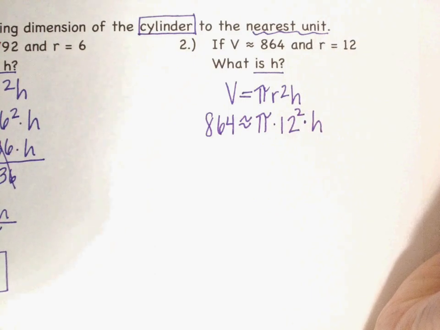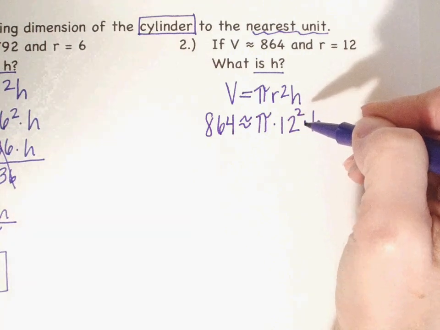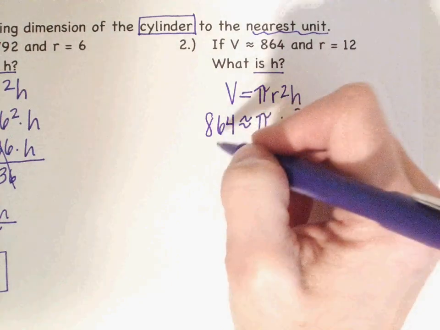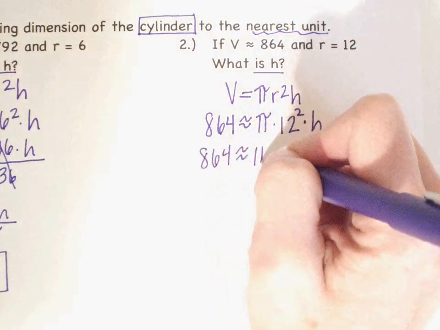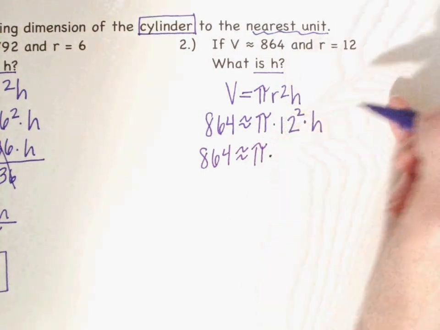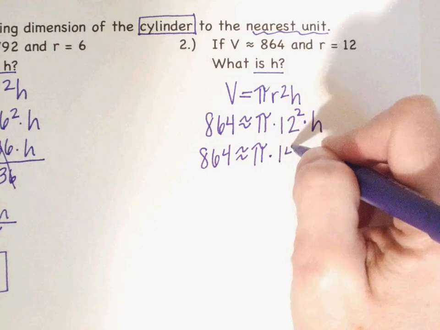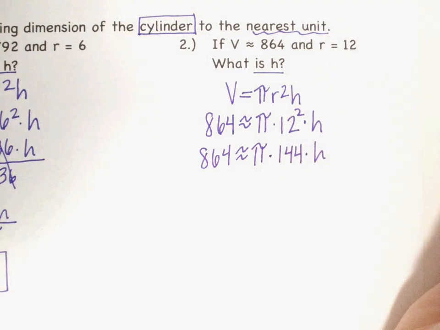12 is my radius. It's 12 squared times h. My next step, order of operations tells me I need to square, so we're going to square this 12 first. Everything else will get recopied. So 864 approximately pi times, well, 12 squared is 12 times 12, which is 144, times h.